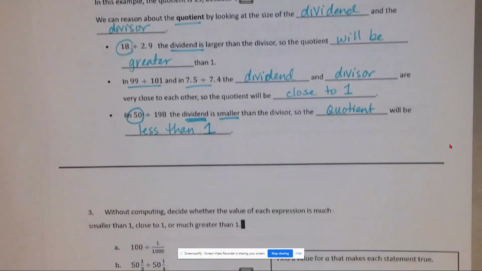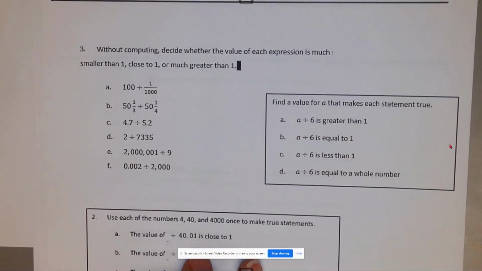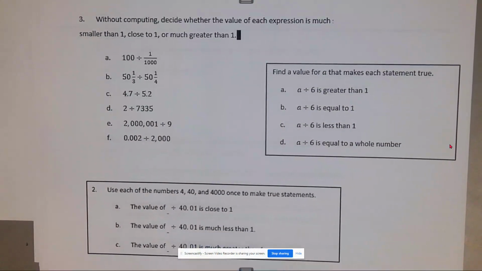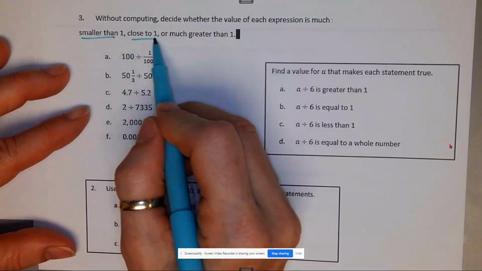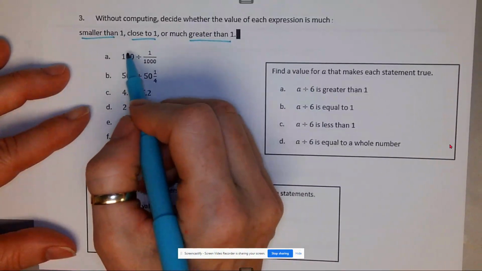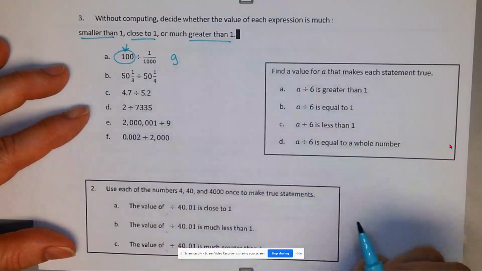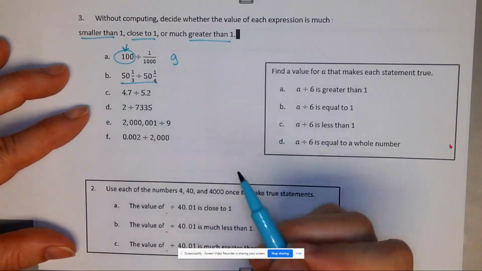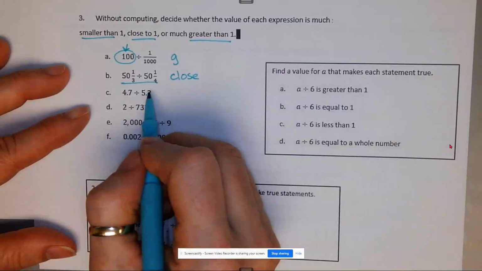All right. I would like you to try to work out these problems. Pause the video before continuing. Without computing, find the value. Smaller than 1, close, or greater. Well, we always look at the dividend for this. This is greater, so the answer is greater. These are close together, so your answer is close to 1.